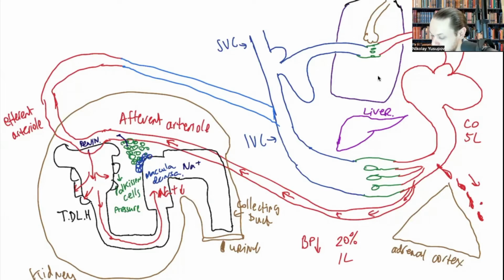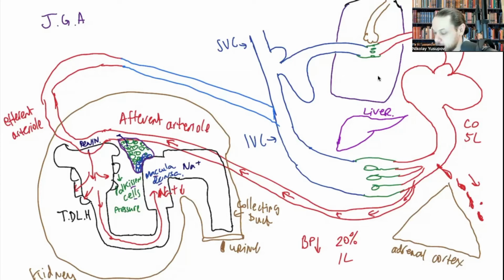Together, these cells are given a very special name. I'm going to draw it like this. Combine these pressure cells and these chemo cells, and they're known as juxtaglomerular apparatus. The juxtaglomerular apparatus is a combination of the pressure measuring device and the chemo measuring device, and they're constantly monitoring the flow of blood through your kidneys.